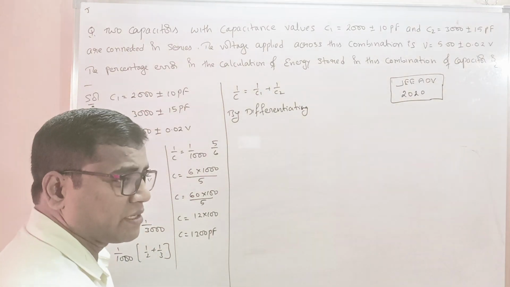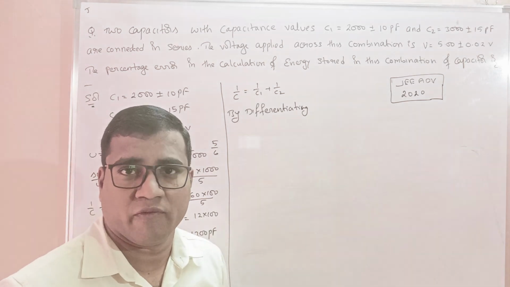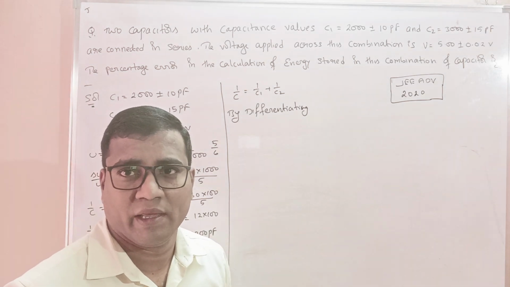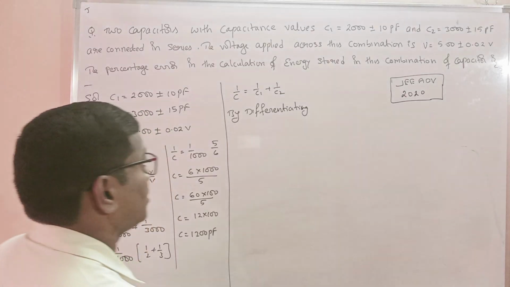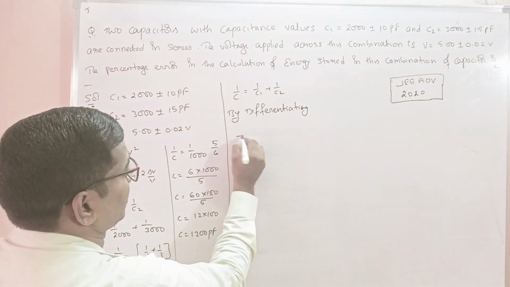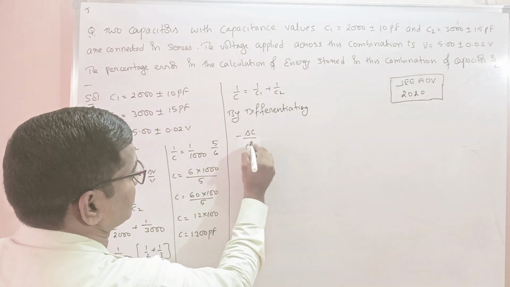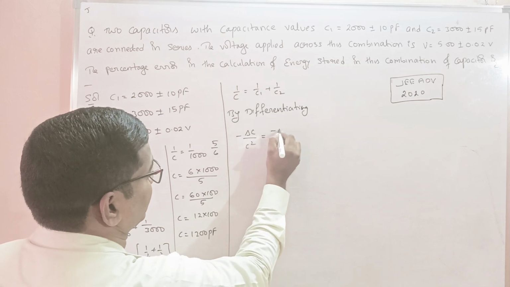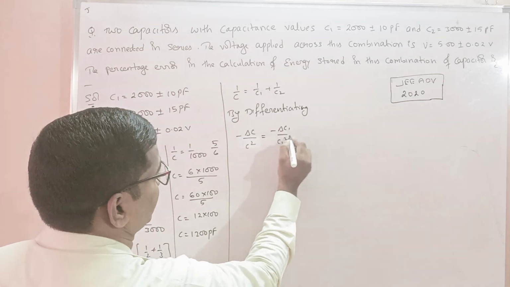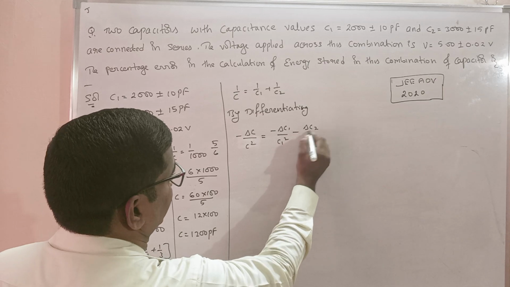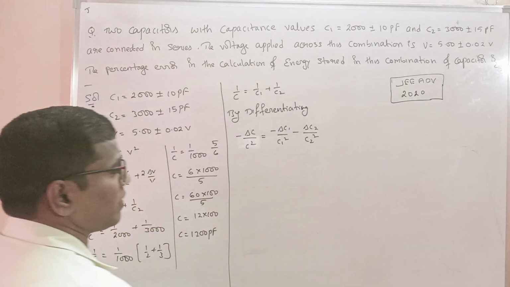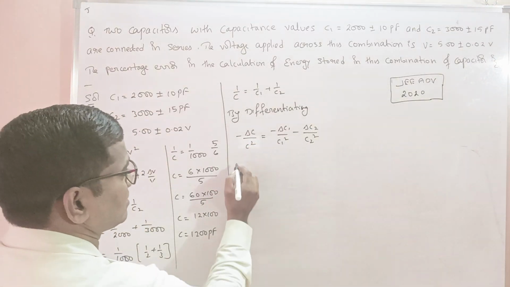We know how to differentiate, right? The differentiation of 1/x is minus 1/x² into dx. In the same manner, minus delta C by C² can be written as minus delta C1 by C1² minus delta C2 by C2². The minus on both sides gets cancelled.